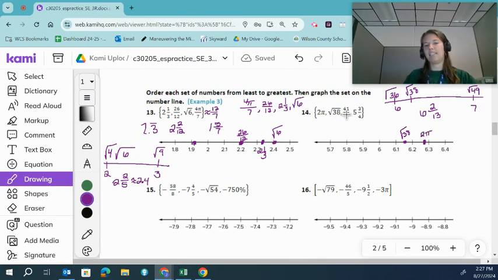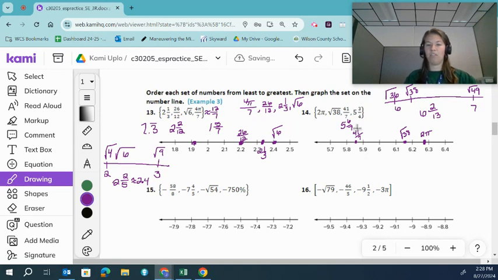7 goes into 41 5 times, and then we have 6/7. So 6/7 is going to be right about 5.85, somewhere in here. That's going to be 41/7.